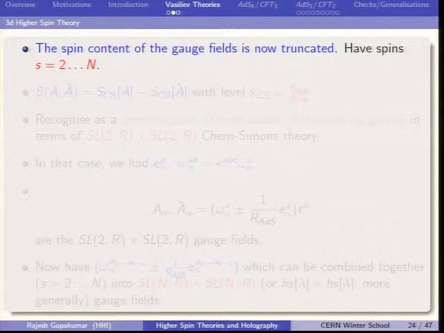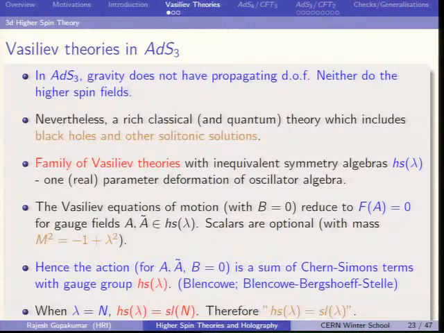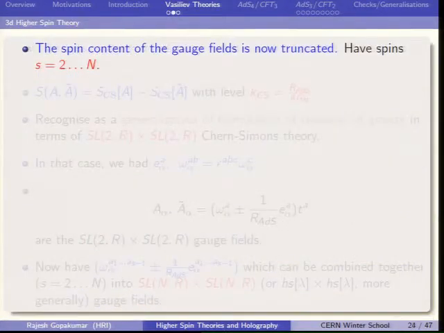So in the case of SLN, when lambda is n, the spin content of the gauge fields is actually now truncated. So the Vasiliev higher spin theories, it turns out for these values of lambda, the higher spin fields have a maximal spin which is n. So you have all the spins from 2, 3, all the way up to n, and no higher.